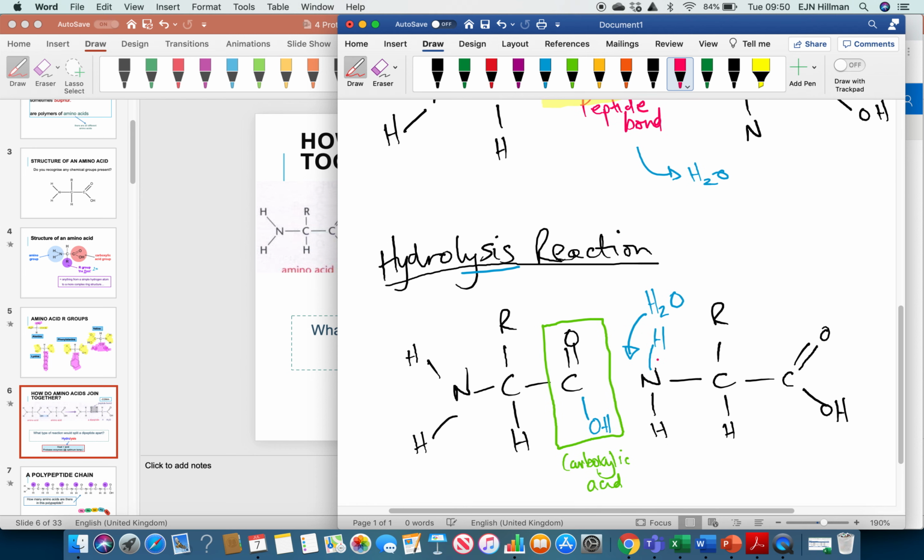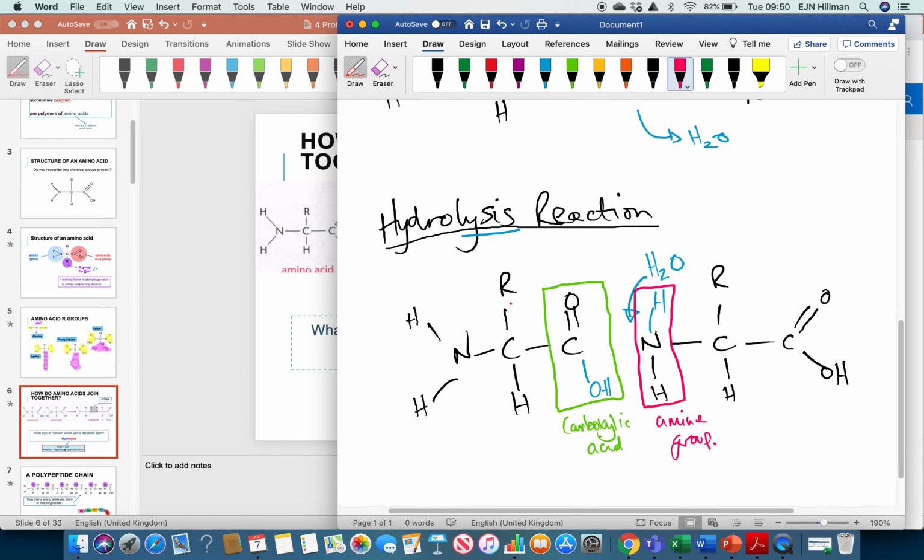The pinky red, the amine group. There. Okay, and we can see that there are 2 separate amino acids. That peptide bond has been hydrolyzed with the addition of water. Okay, so the dipeptide has been hydrolyzed to produce 2 amino acids.